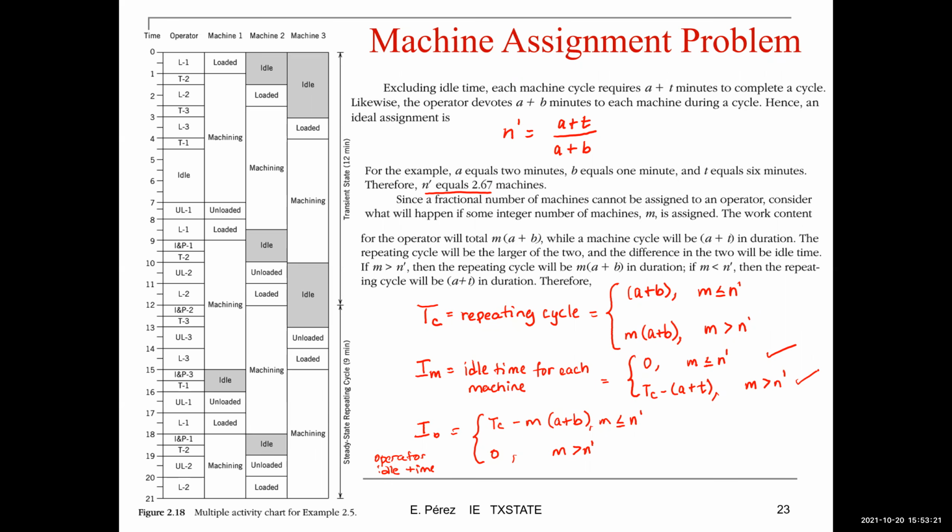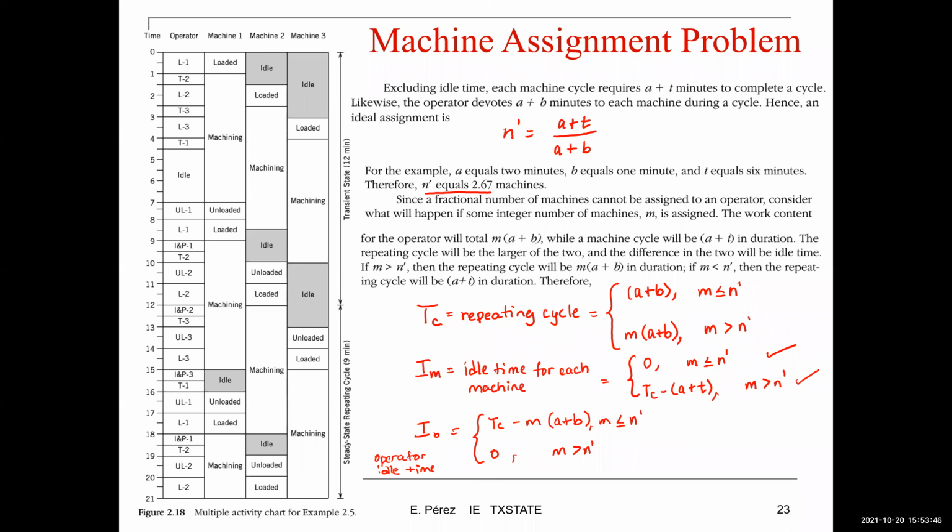If you look at the operator idle time, it's the same thing. If the number of machines is greater than the number of operators, these operators will never be idle because they will have to take care of all these machines. At the time they're finished with one machine, the other one will be waiting for them to arrive.